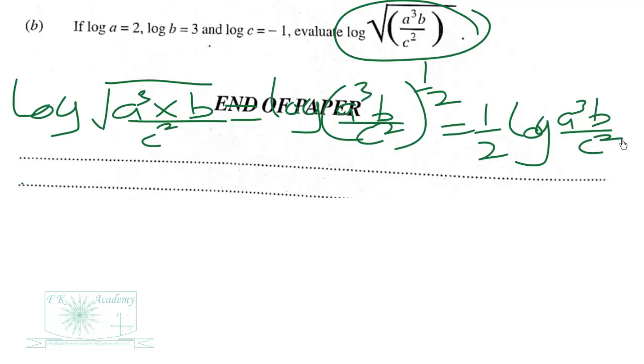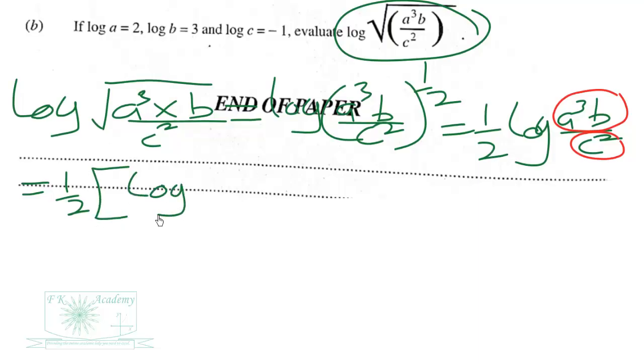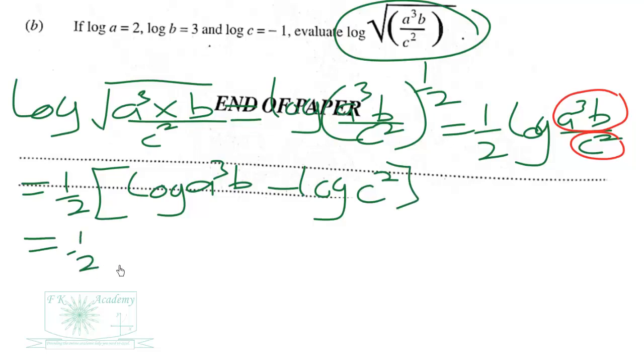So this will be equal to 1 over 2. We have a division here, this divided by this. So we apply the division rule of logarithm. So this is what you're going to do. The whole thing will be equal to log a cubed b minus log c squared. Then we can further simplify. We apply the multiplication rule here.